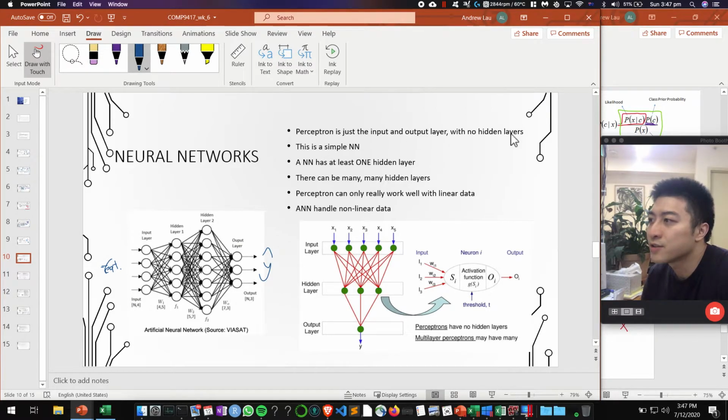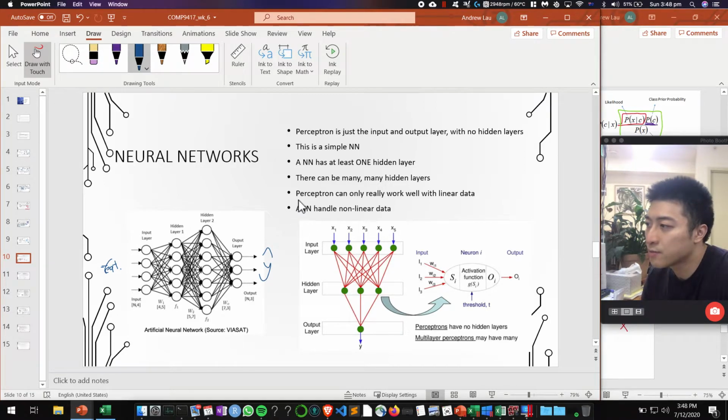Okay, so a neural network has at least one hidden layer. So this is a neural network with 2 hidden layers, but to go from perceptron to a neural network, you need to have at least one hidden layer in between the input and the output layer. So with the perceptron, you just have the input layer and the output layer. You don't have the hidden layer. Okay.